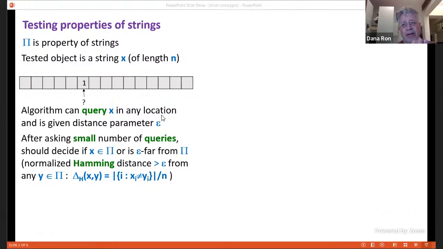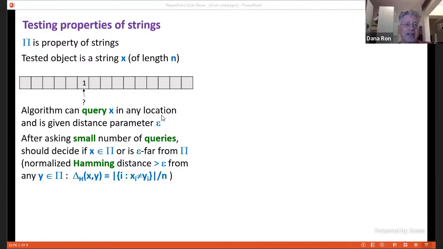In sublinear complexity, we don't have time to read the entire object, so we cannot make an exact verdict about it. We can only make an approximate verdict, and an approximate verdict requires a measure of how close the object is to the property.